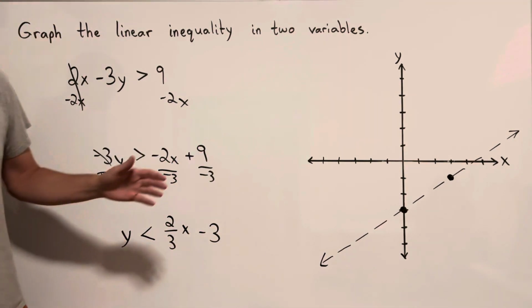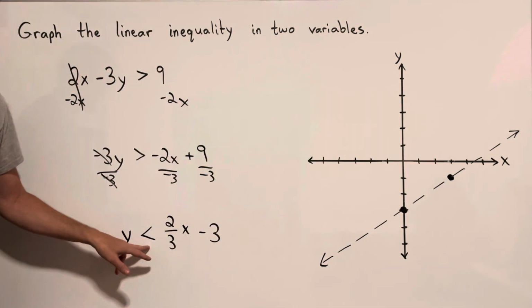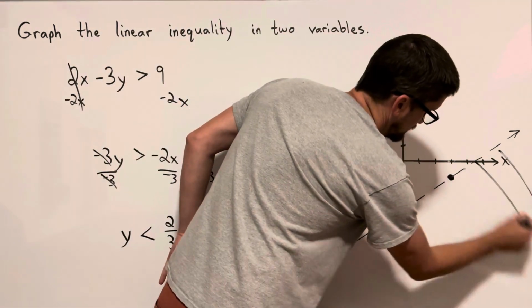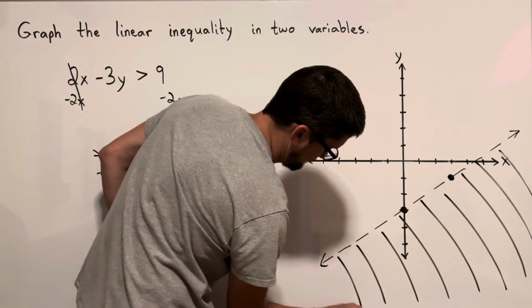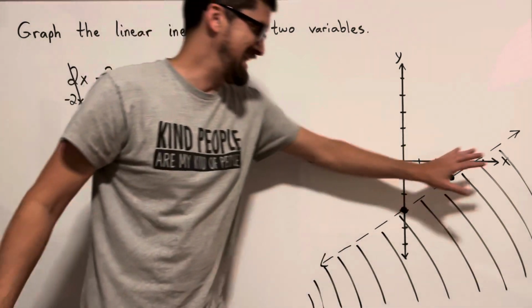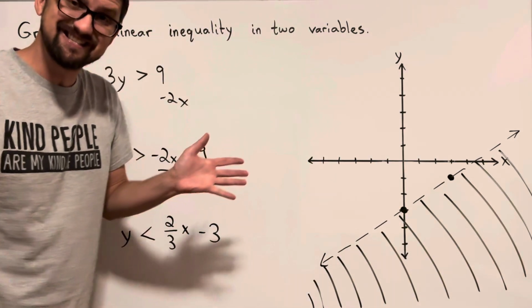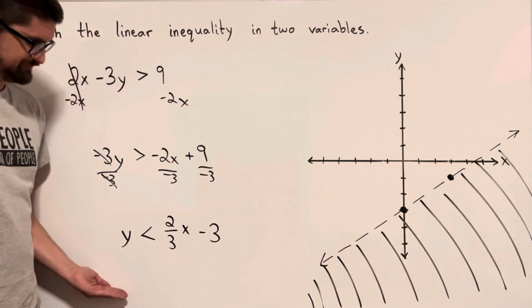If it's a greater than, you shade above. Since we have a less than sign, I'm going to shade below. So you're going to shade everything below the line. That means everything in this area is a solution to this inequality.